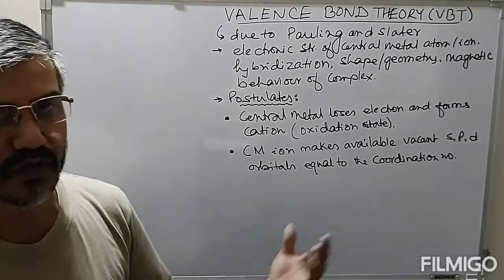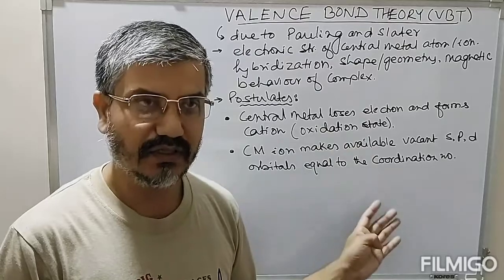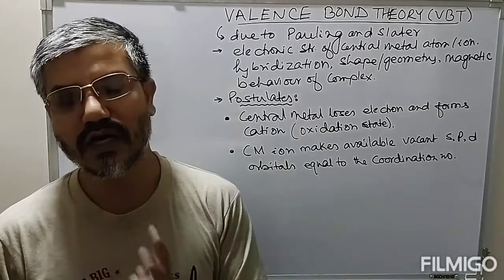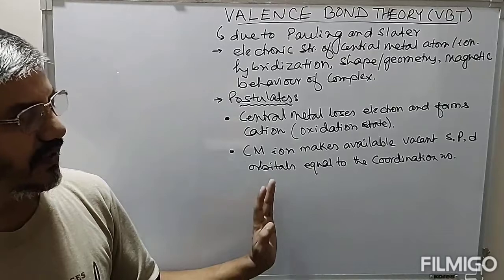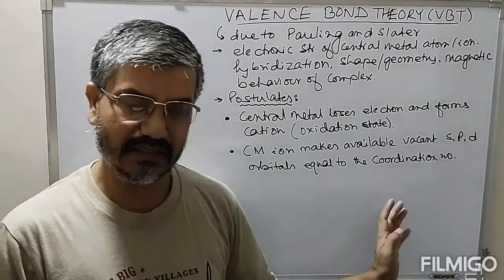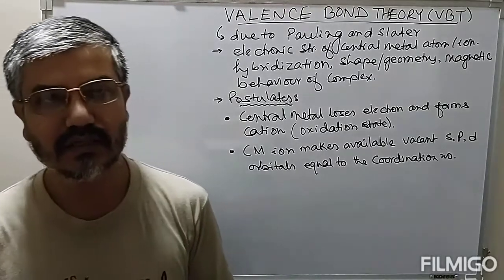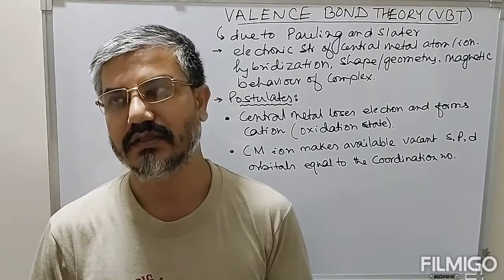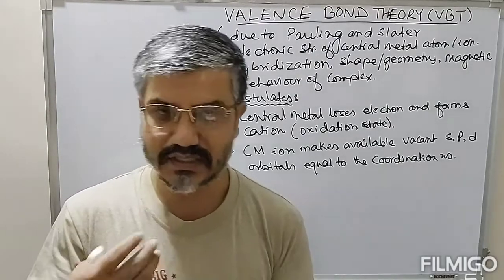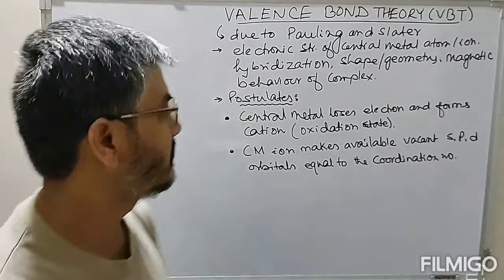If the coordination number is 4, the central metal will make available 4 unoccupied vacant orbitals. If the coordination number is 6, the central metal will make available 6 unoccupied vacant orbitals. So this availability of the vacant orbitals is also very important.